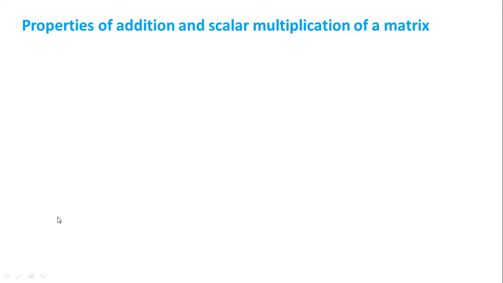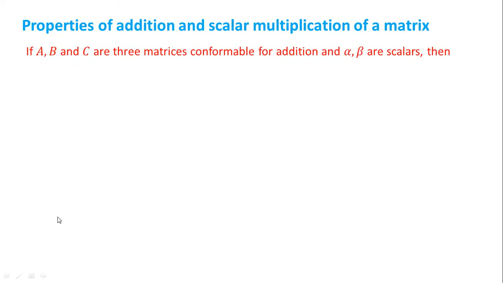Now there are some properties of addition, subtraction, and scalar multiplication of a matrix. We will discuss all the properties. Very simple. Before the first property, first of all we define three matrices: A, B and C are three matrices conformable for addition, meaning the conditions for addition are satisfied by all three matrices.